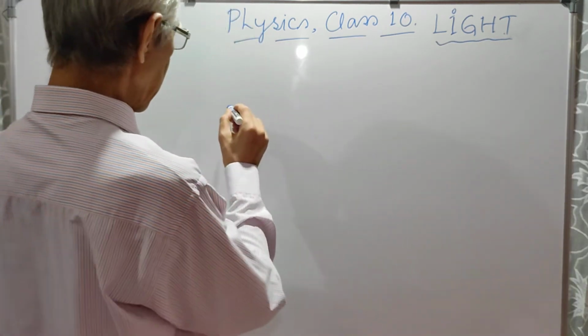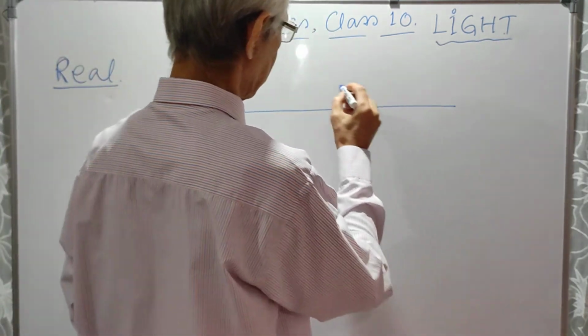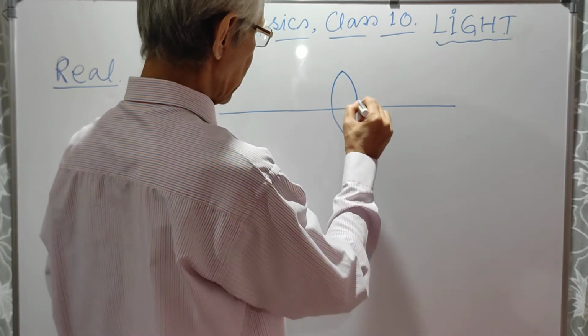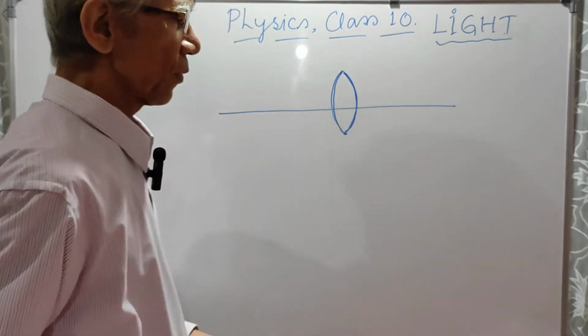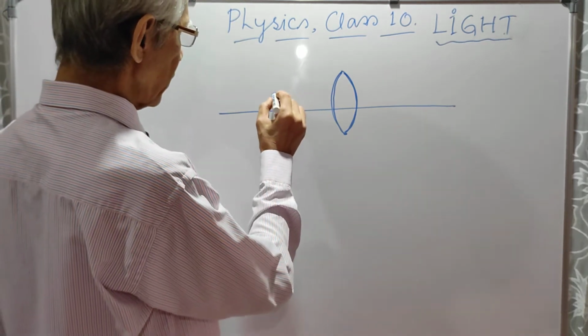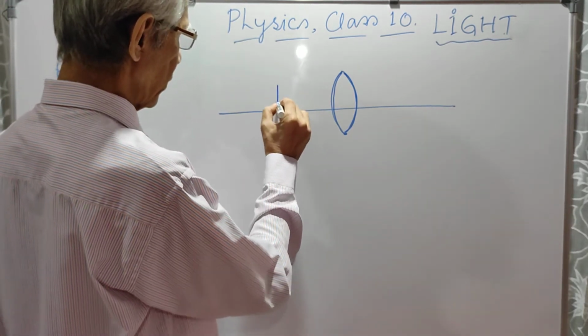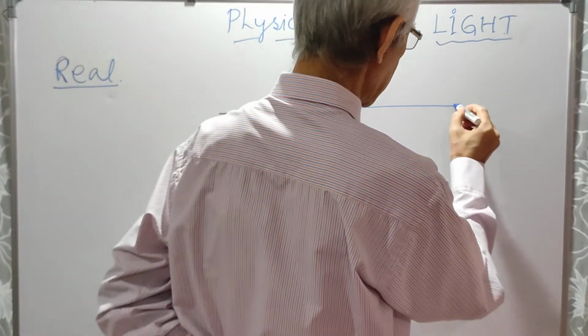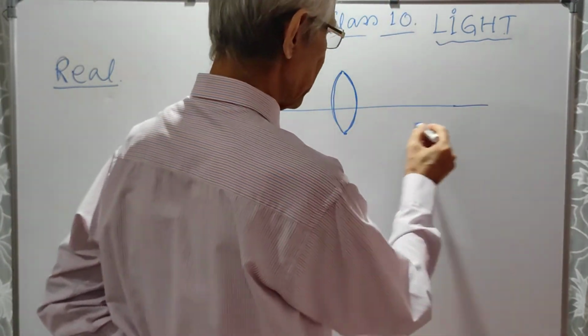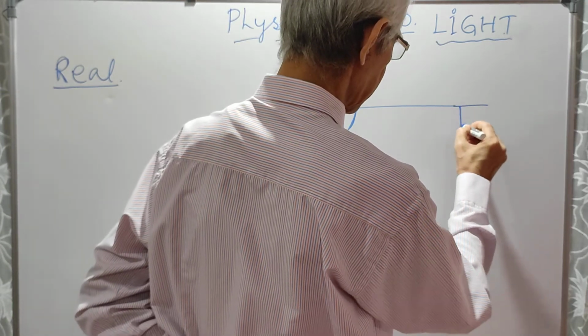Okay. Now again, let me draw the diagram. So this is a convex lens or converging lens. Now this is the object. Suppose this is the object. Now the real image is formed on the other side, somewhere here.